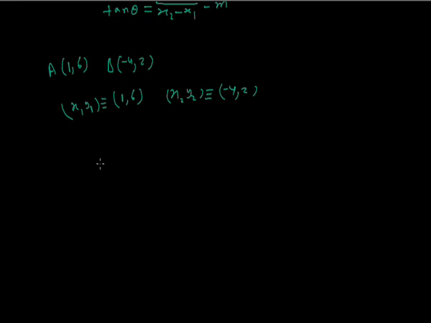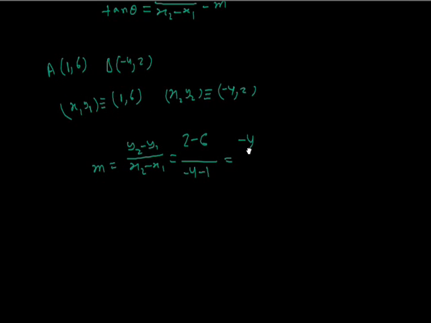Now we can apply the formula, slope is equal to y2 minus y1 upon x2 minus x1, which is equal to 2 minus 6, because y2 is equal to 2 and y1 is equal to 6, upon minus 4 minus 1, because x2 is equal to minus 4 and x1 is equal to 1.